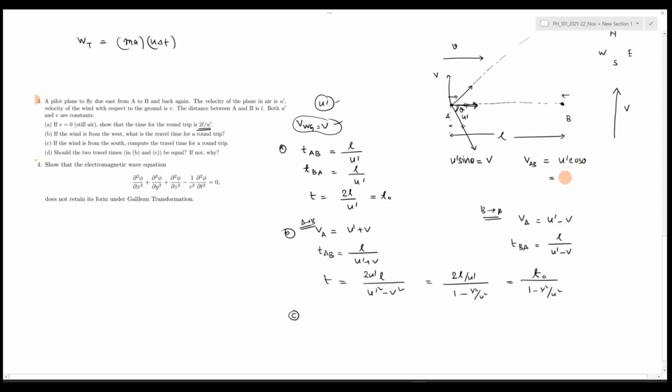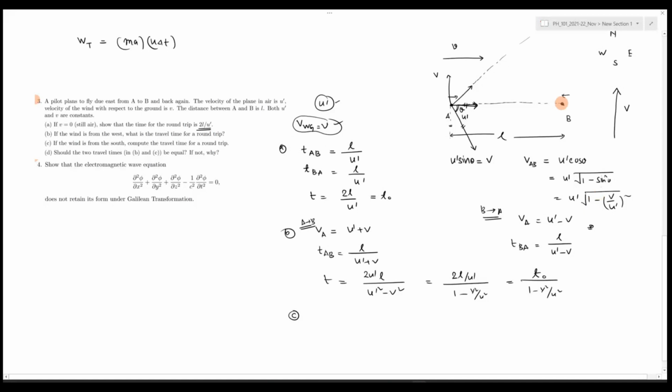If we simplify this, it will become u prime root over 1 minus sin square theta, which is u prime root over 1 minus v by u prime whole square. This much will be the speed.